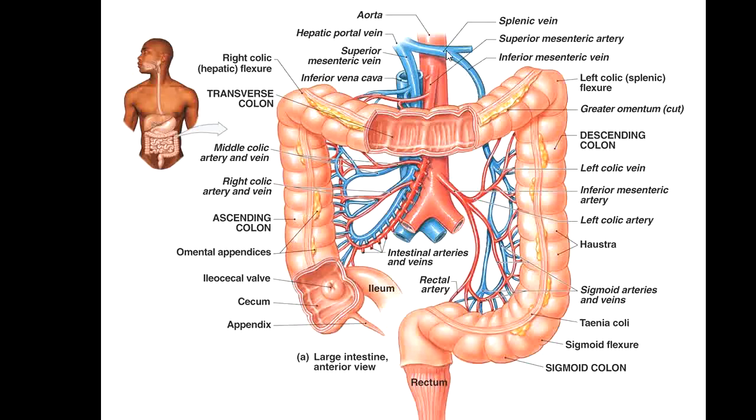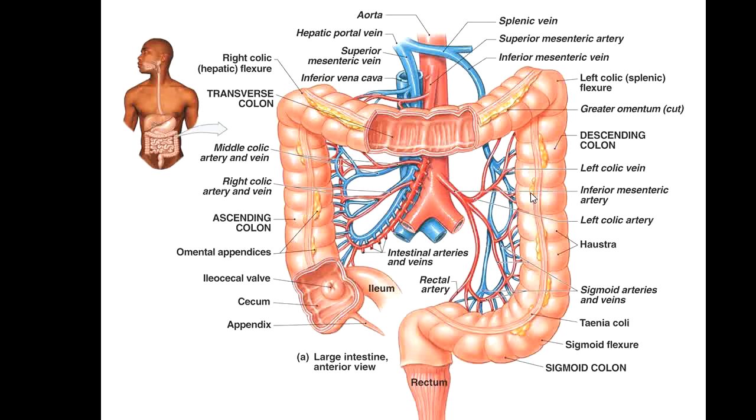It passes blood to the hepatic portal vein. This is the inferior mesenteric vein, and this is the splenic vein, which combine with the hepatic portal vein, and this is the superior mesenteric vein, which combines with the hepatic portal vein, which goes to the liver directly. These veins and arteries also arise from the small intestine, but here we are learning about the large intestine.